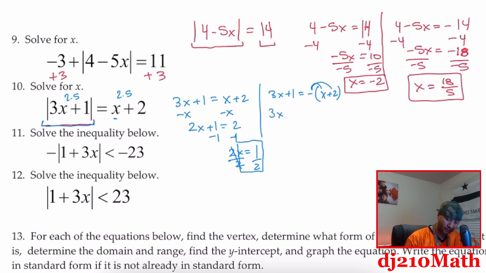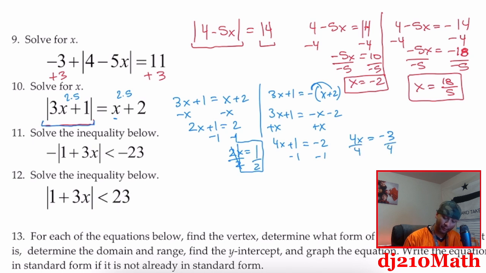Distribute 3x plus 1, negative x, negative 2. Going to add x to both sides. So this is 4x plus 1 is equal to negative 2. Minus 1 minus 1. 4x is equal to negative 3.